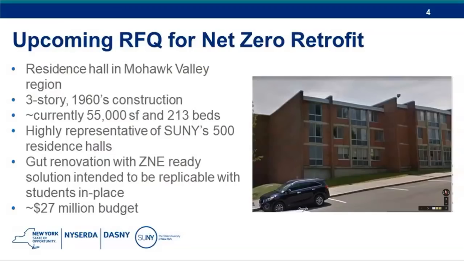And we are going to talk a little bit about the broad aspects of gut renovation with a zero net energy ready solution as part of the project. And that solution is intended to be replicable with students in place over a large majority of existing building stock.